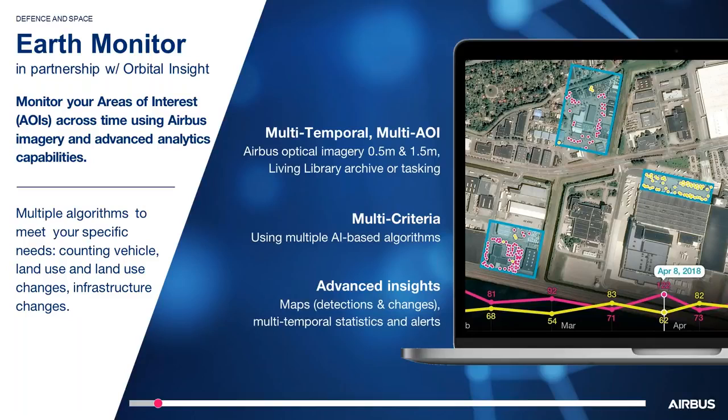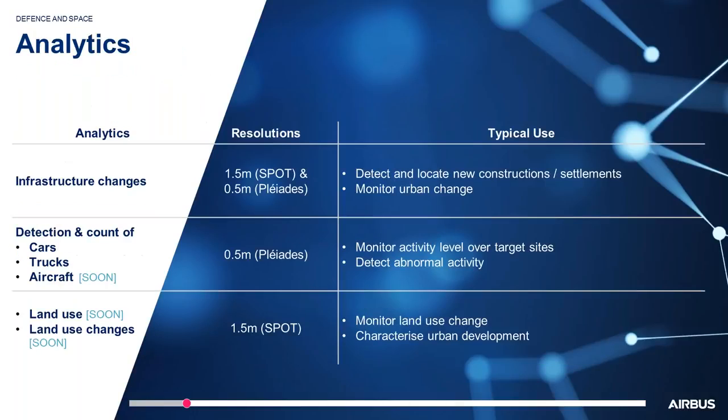So we just saw a short introduction of Earth Monitor. Now we will see the analytics included in this solution. In fact, we propose several things. The first thing is infrastructure changes based on SPOT images, so 1.5 meter resolution, and Pléiades images based on 50 centimeters resolution.